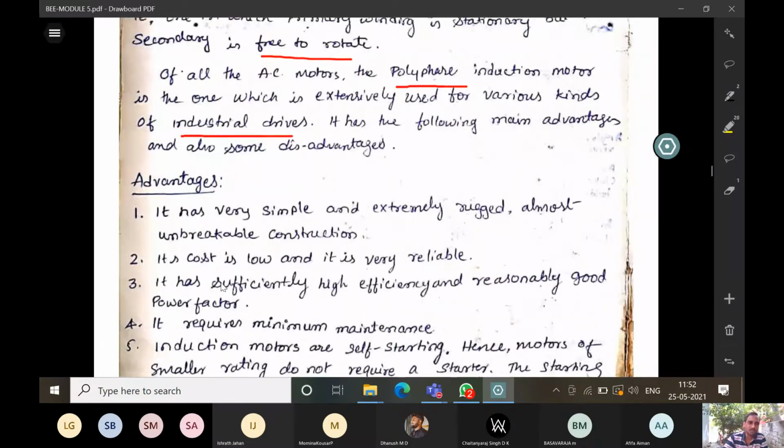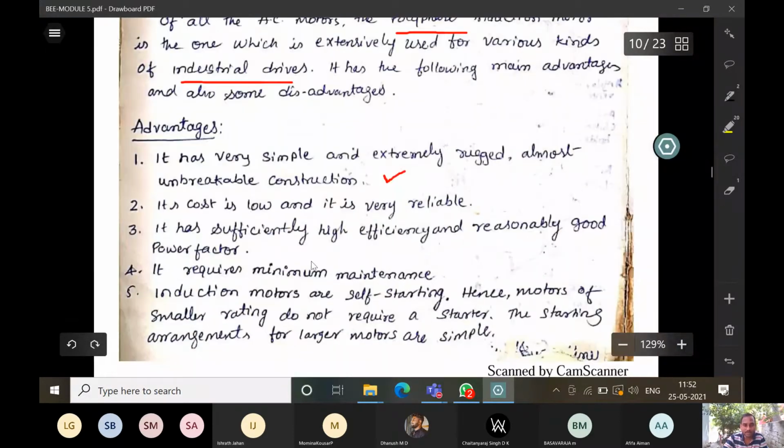So what are the advantages? It has a very simple and extremely rugged, almost unbreakable construction, the cost is very low compared to the DC motor, it is a very reliable type of motor, and it has sufficiently high efficiency and reasonably good power factor.